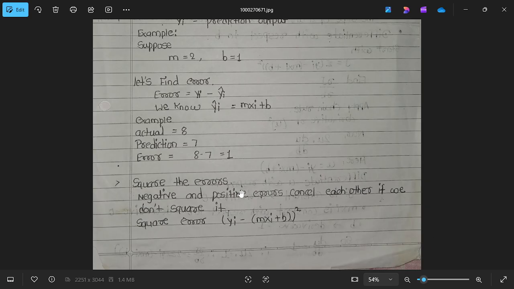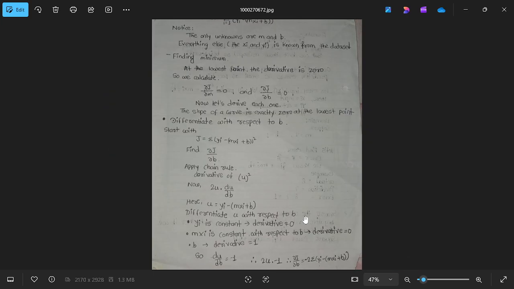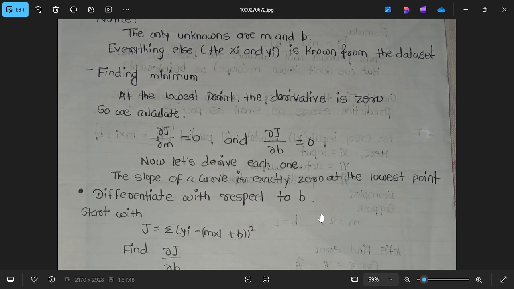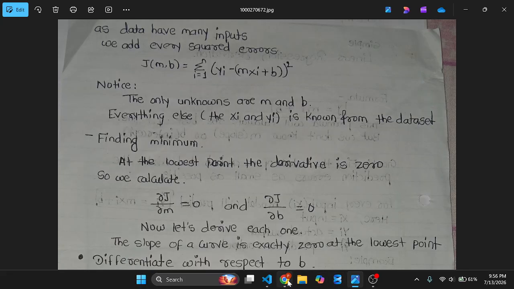So this is our squared error function. Did you get why we take mxi plus b? Because the error function is this and yi hat is equal to mx plus b, we have put this here.